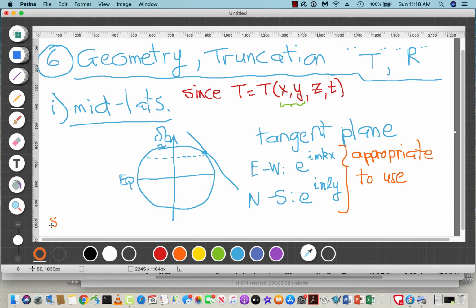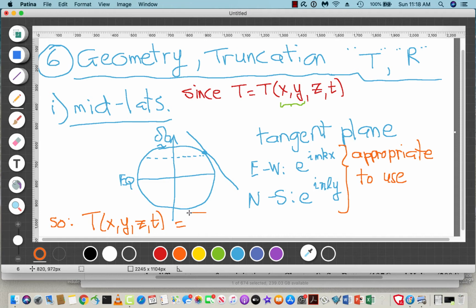And so in terms of these, we would write temperature as a function of x, y. Well, let's go ahead and go crazy, z and t. Sorry, I ran out of space, but we'll manage.